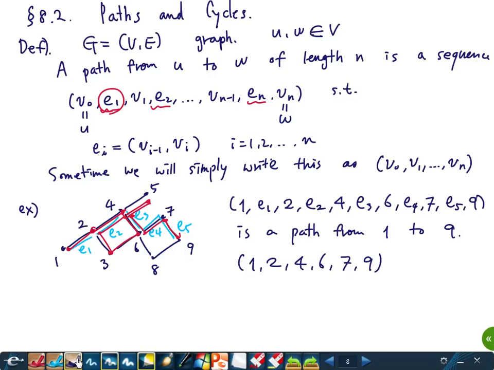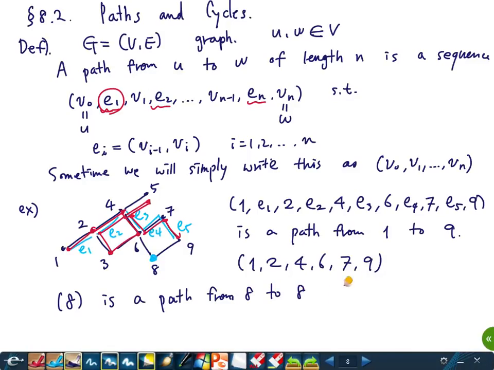Okay, let's go to one more thing. Consider 8. It's a sequence consisting of only one element, which is a vertex named 8. This is also considered a path, from vertex 8 to 8.